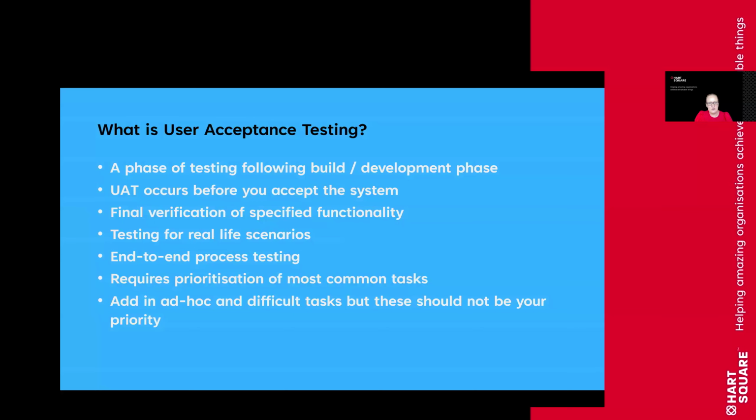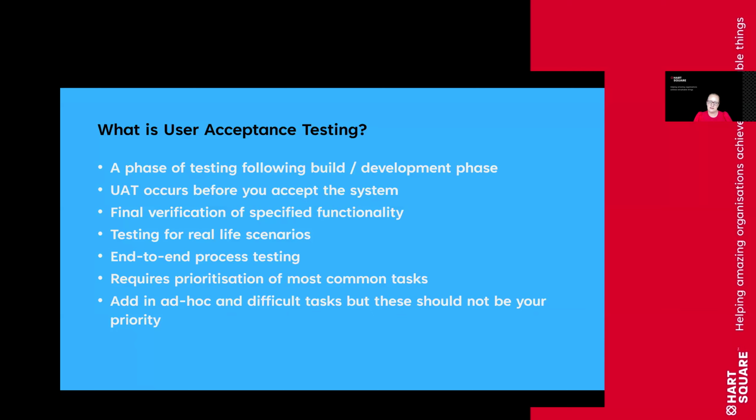I wanted to expand on that a bit more. I'm not going to read all of these in great detail, but really thinking about what we mean by UAT. It's that phase of testing following on: you've done your discovery, your technology partner's been through the build and development phase, and you're now moving on to a really critical phase, to test and accept the system before you go live.